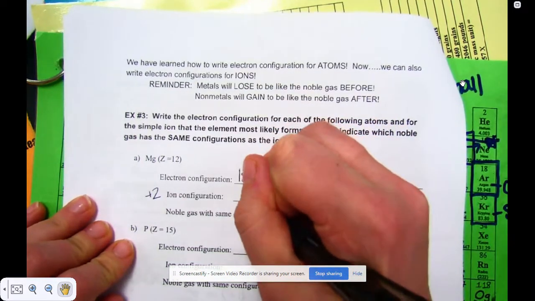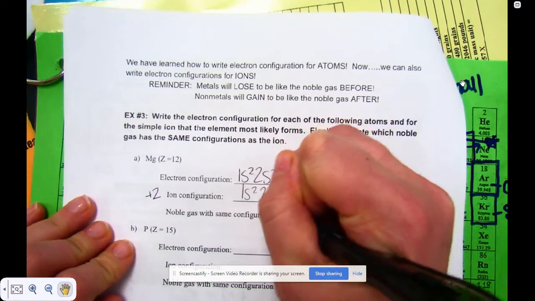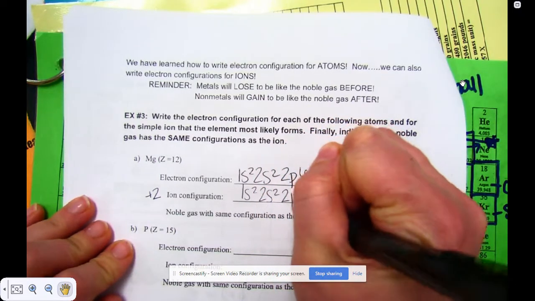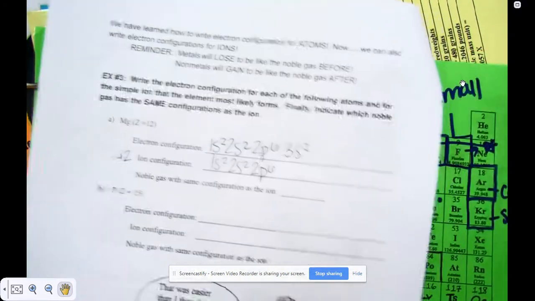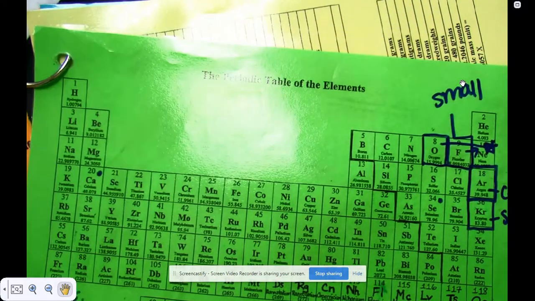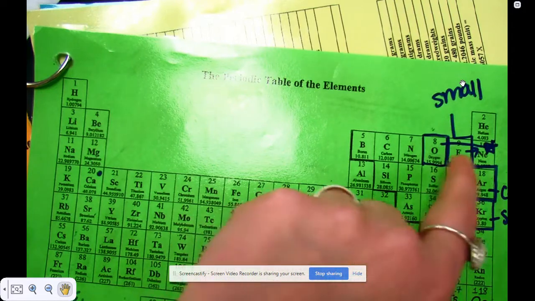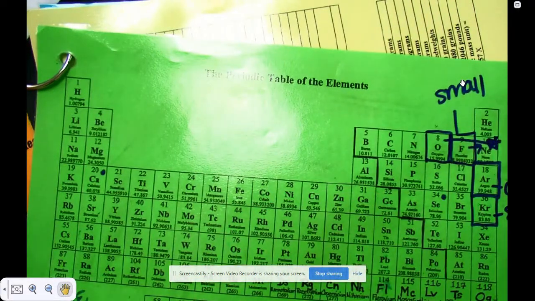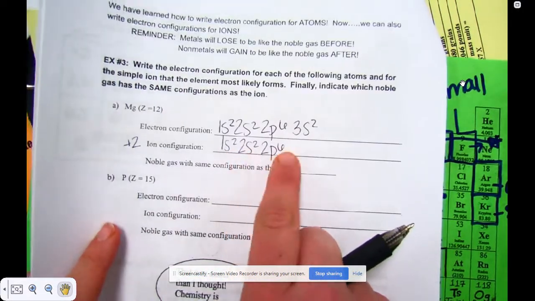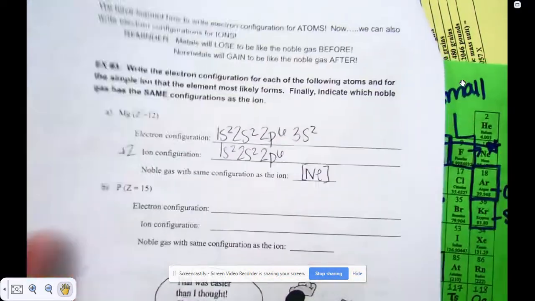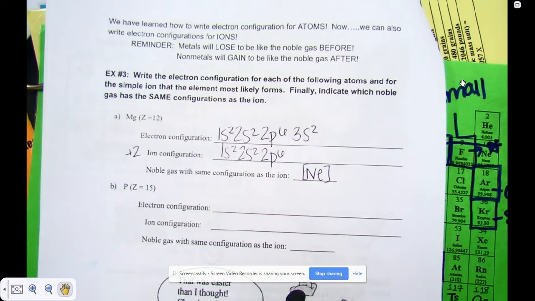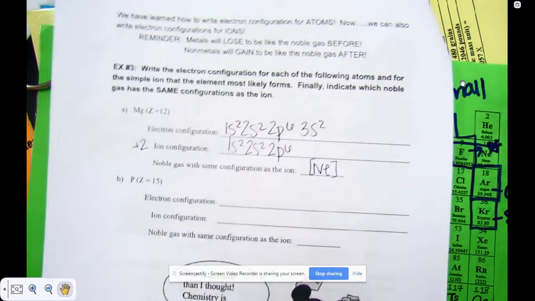So the ion configuration is just 1s2, 2s2, 2p6. The noble gas that has that configuration is the noble gas in the row above, which is right here, neon, 10 electrons. 2 plus 2 plus 6 is 10. Belongs to neon. This is no different than what we were doing last chapter. You're just moving forward or backward a couple of spots based off of the charges.